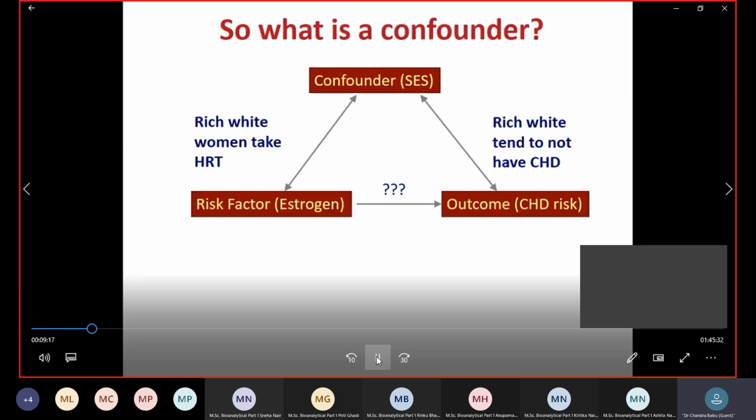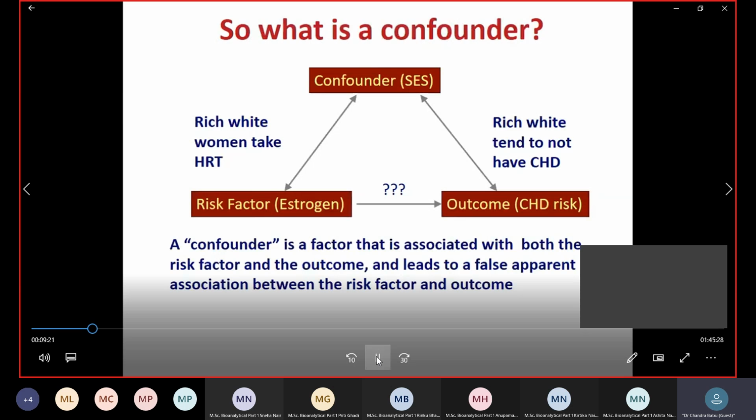So instead, what we were fooled into thinking was... by the way, people define things differently in science. I'm sure you've noticed that. My definition of a confounder is anything that's associated with both the risk factor and the outcome. If you're a hardcore epidemiologist, there's a little phrase added that says, and it's not in the pathway.